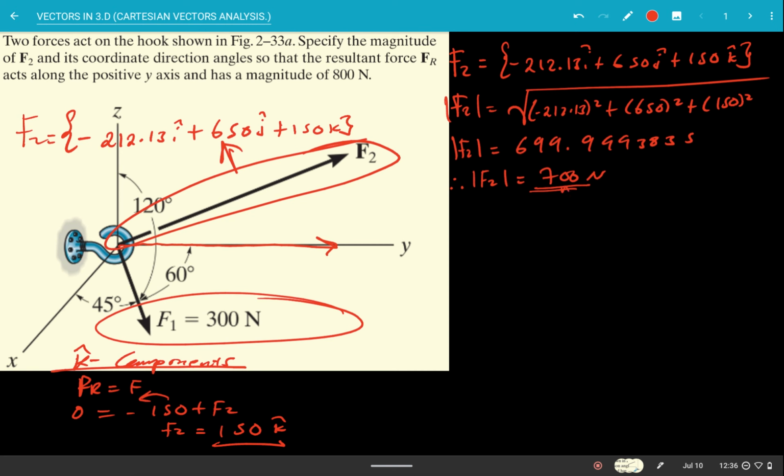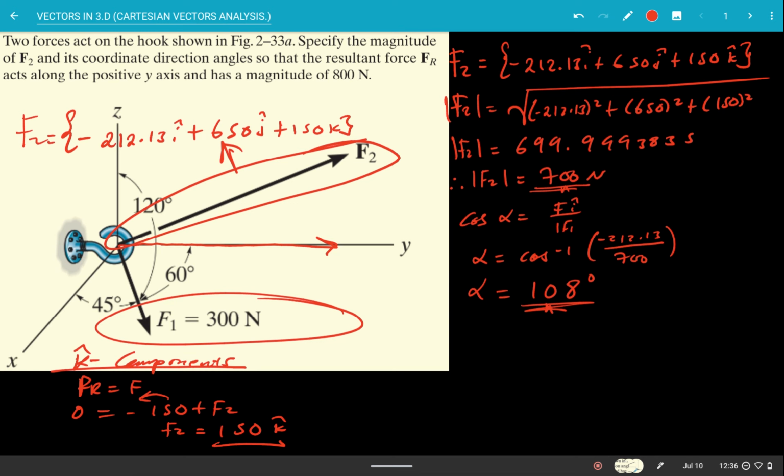After that, remember that for the coordinate directional angles, cos alpha is equal to the component in the I over the magnitude. So alpha is equal to cos inverse of the I component, which is minus 212.13 over the magnitude, which is 700. If you punch that in for alpha, you will get 108 degrees as your coordinate directional angle.